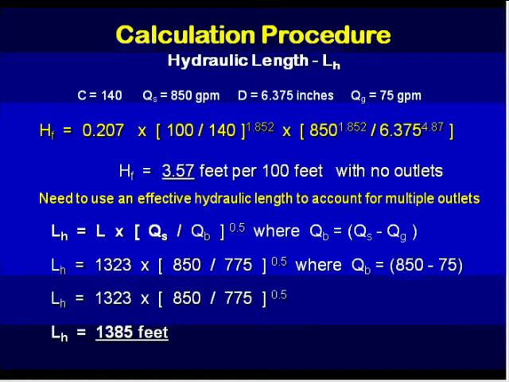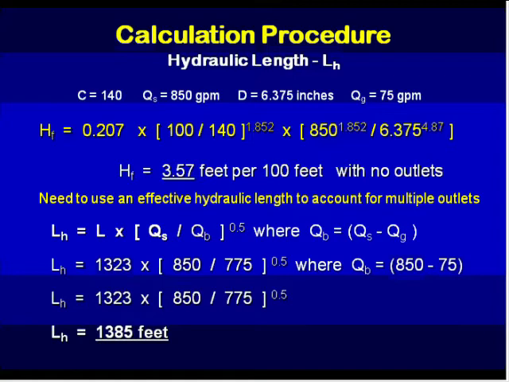This equation is the length of our pipeline times the ratio of the flow rate coming into the system divided by Q sub B, which is our initial flow rate minus the end gun rate.